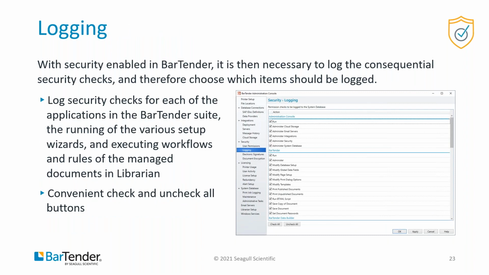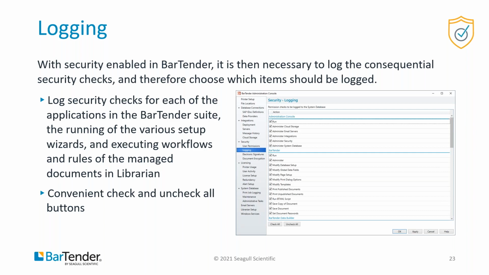Moving on to logging as it pertains to security. So with the security enabled, it is often necessary to log the consequential security checks that take place. So of course, traceability is all about the visibility of actions that have been executed and what has taken place within the software. So the same goes for security as well.